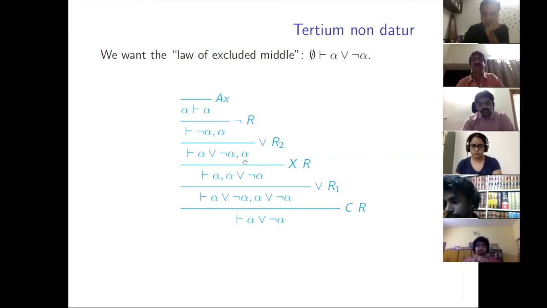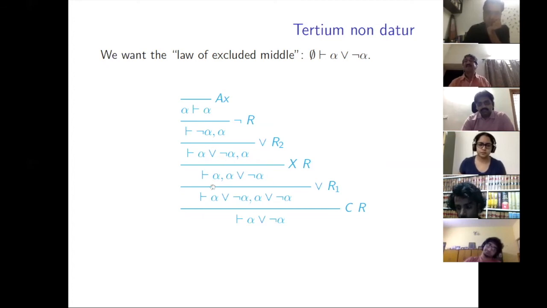Push these 2 here. And now, again, I use it on this side. So I've started with not alpha, I came to alpha or not alpha, so I have got alpha, and then the negation rule says I can push it to the left-hand side, and that's nice.